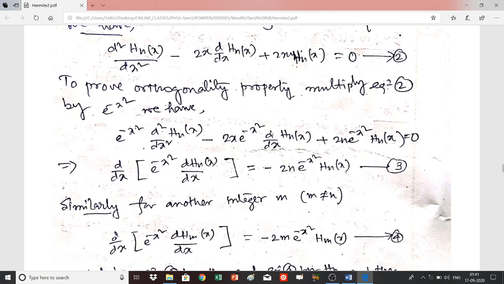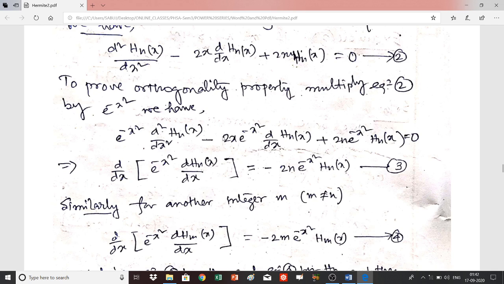And from these, these two terms will give you d/dx of e to the power minus x square dH_n(x)/dx. Just do the differentiation of this term. The first term will give you e to the power minus x square, and then d2H_n(x)/dx square, and then if you take dH_n(x)/dx as a common term, differentiation of e to the power minus x square will give you e to the minus x square and then differentiation of minus x square, which gives minus 2x.